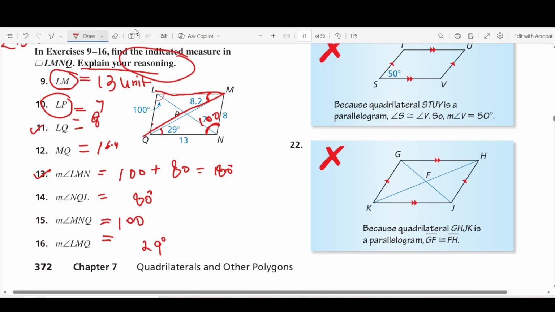What is the reasoning? Opposite angles are equal. But opposite are this and this. Is this corresponding? No, they are not. This is alternate interior. Yes, they are alternate. Can you see this is making a Z? So they are alternate interior angles. Very good. Great.